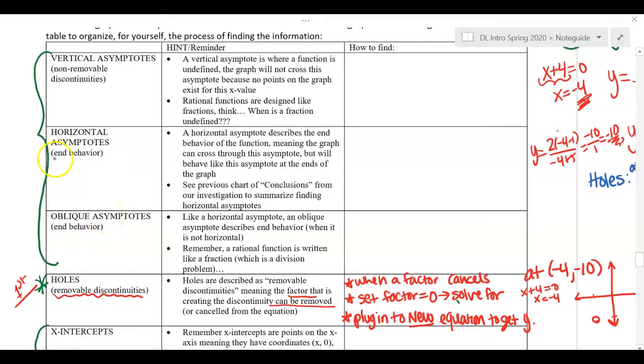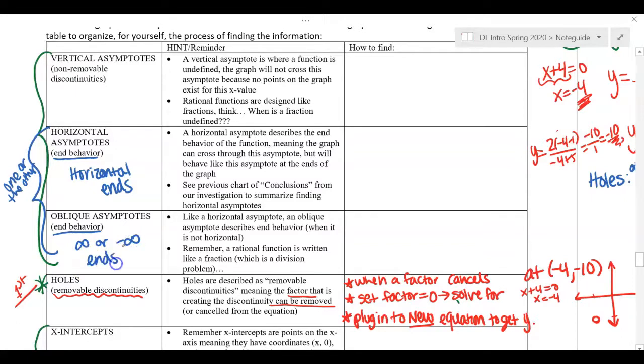Notice that the horizontal asymptote and the oblique asymptote are alternatives. That means you don't have both of these. You have one or the other. A horizontal asymptote means that you have horizontal ends on your graph, and the oblique asymptote means that you have ends that go towards -infinity or positive infinity.